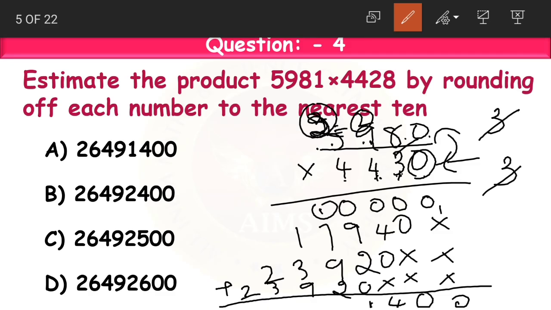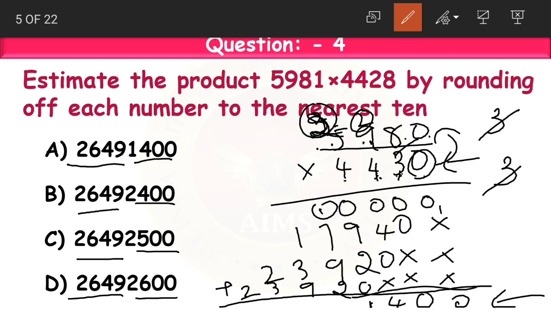If you look at the options here, students, if you are in a competitive exam and in a hurry to attempt as many questions as possible, what you can do is observe the options. The first 4 digits are the same in every option. Only the last 4 digits are different. And the last 4 digits of the answer that we got here are 1400.